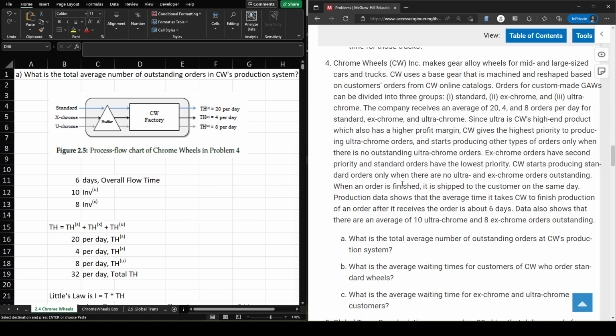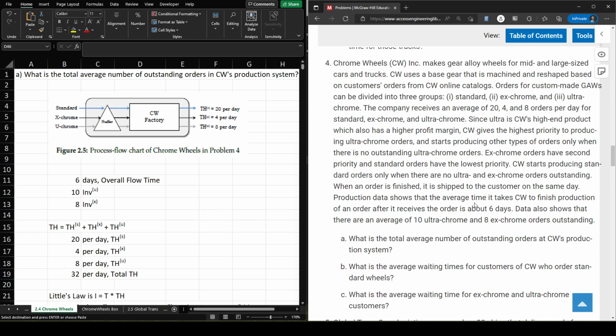When an order is finished, it is shipped to the customer on the same day. Production data shows the average time it takes the company to finish production of an order is about 6 days. Data also show that there's an average of 10 Ultra Chrome and 8 X Chrome orders outstanding.